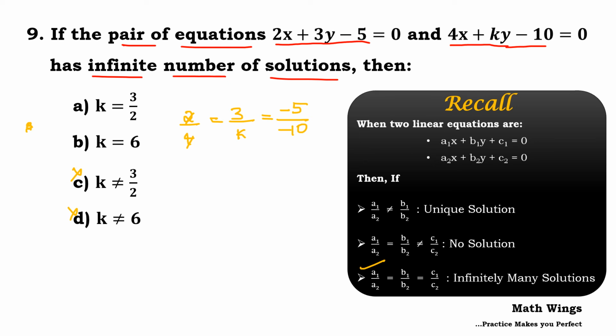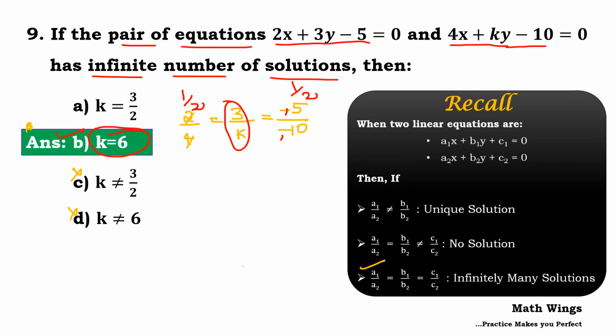So here observe that from the given options we can directly select the option B, that is k is equal to 6. Why? Because if you observe, the ratio is 1 by 2, here also 1 by 2, right? So for what value of k we can get the ratio b1 by b2 as 1 by 2? For the value k is equal to 6. Therefore, the option is B, k is equal to 6. We'll move on to the next question.